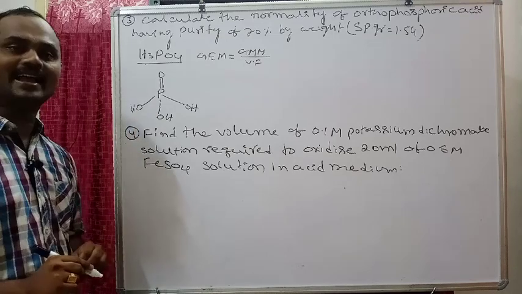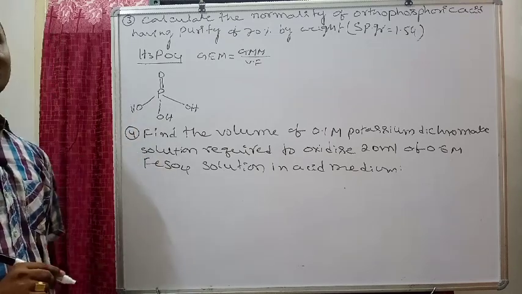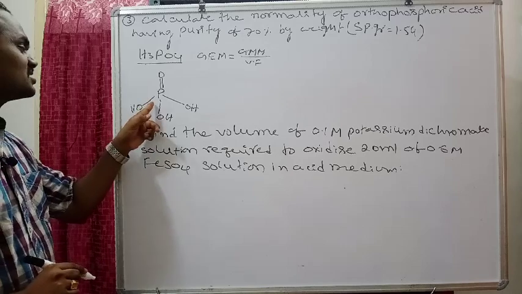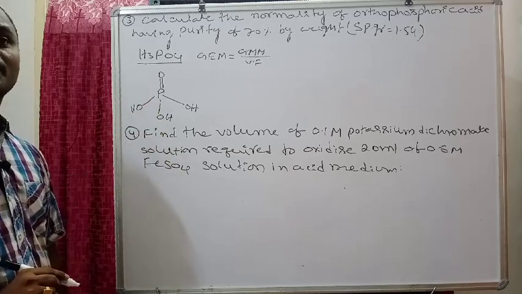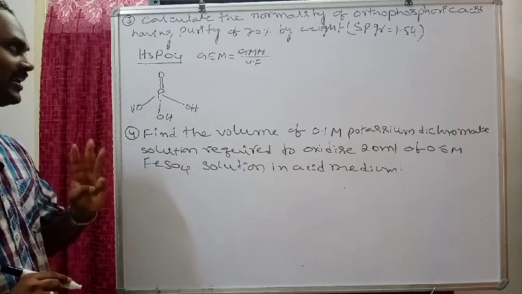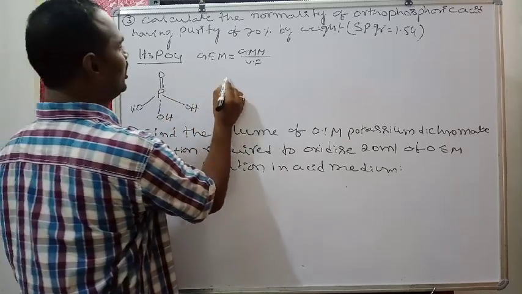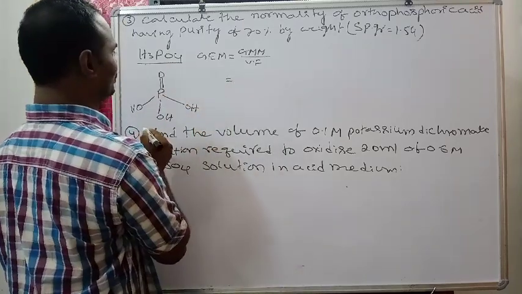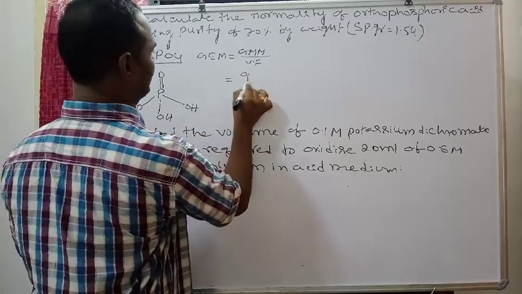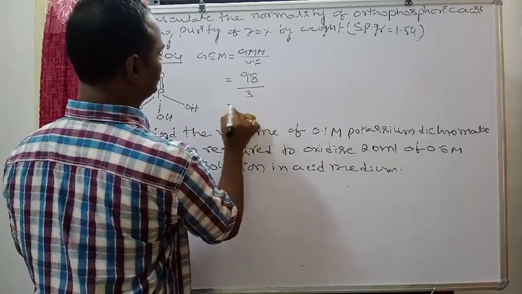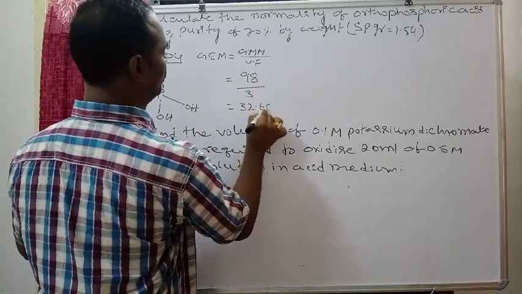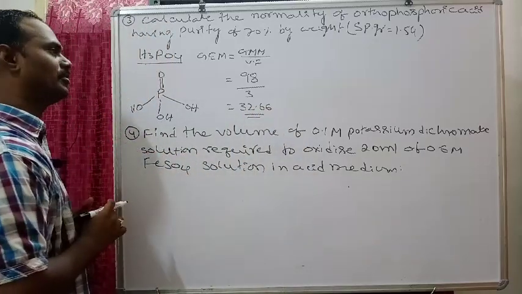This one molecule of acid can release 3 hydrogen atoms. So the basicity of this H3PO4 is 3. And the H3PO4 molecular mass, if you add it all, you get 98. 98 by 3 equals 32.66. This is the gram equivalent mass of H3PO4.